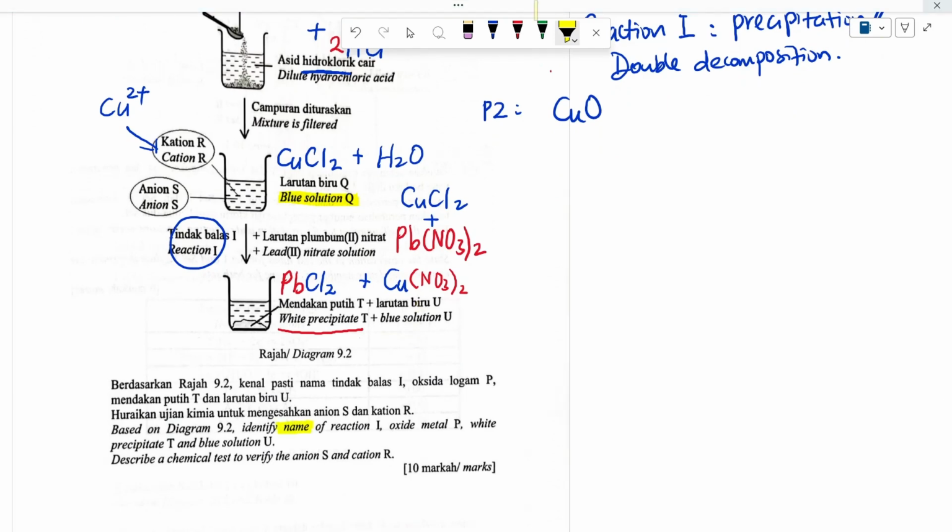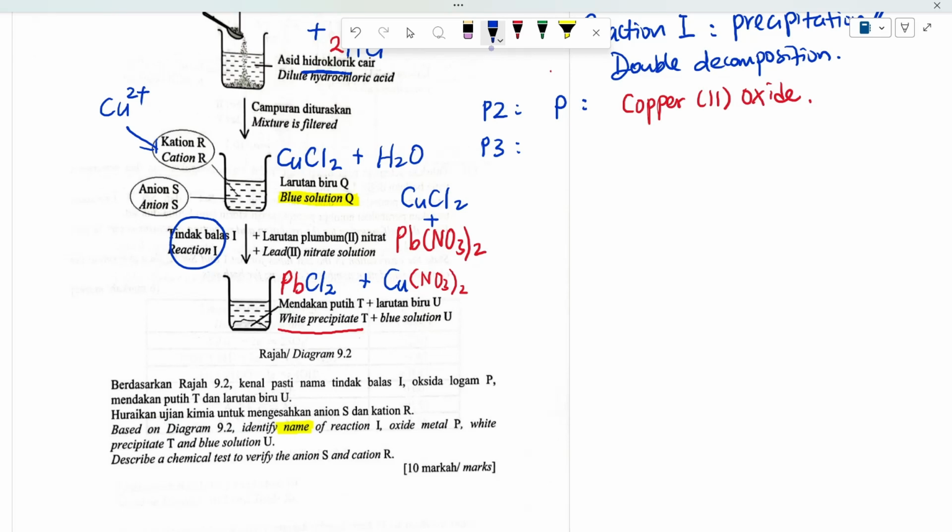So you must write the name. So this one is rejected. You must write down copper 2 oxide. So I think we better write the correct one. So P.